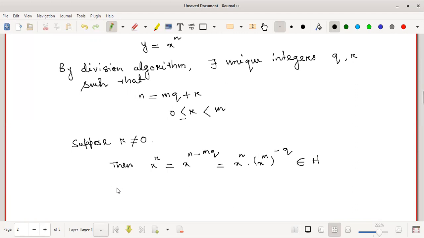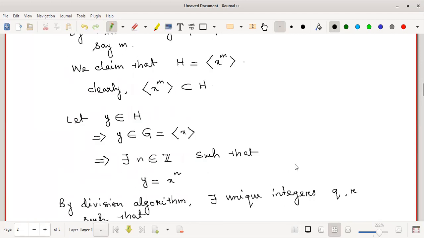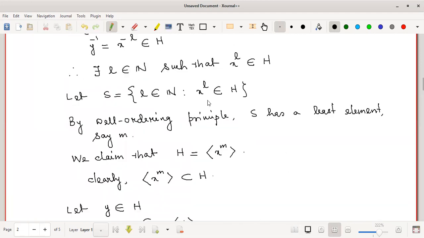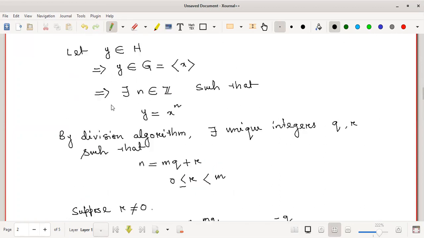This is not possible because your r is less than m and x to the power r belongs to H. It is not possible because this m is the least element in S.